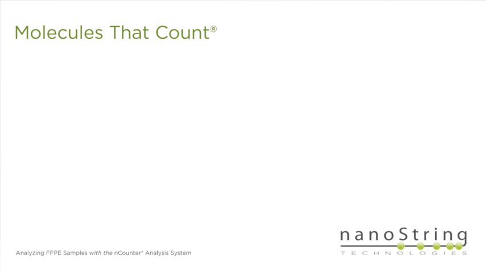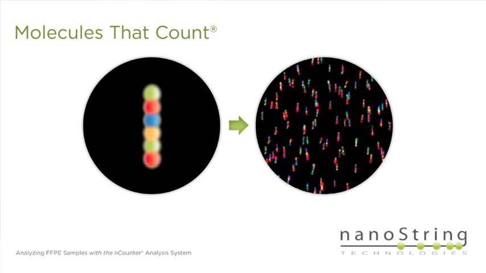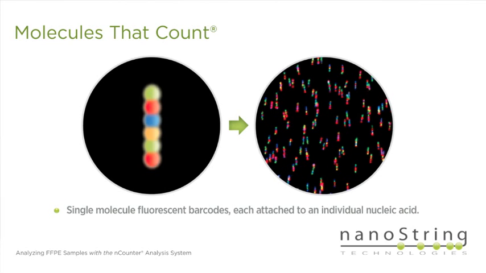The image analysis algorithm processes the 4-color images and counts individual barcodes. On the left is an overlaid image of a single barcode, and on the right is a section of a single field of view containing many barcodes for many genes. It is important to note that the barcodes are counted, and it is not based on the fluorescent intensity of each spot, like analog technologies such as microarrays.